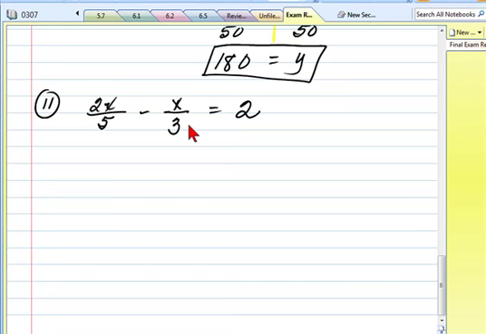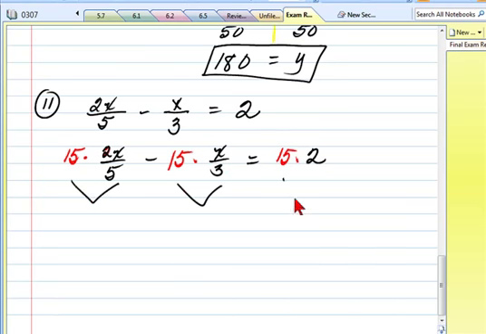What's the least common denominator for 5 and 3? 15. So I'm going to multiply 15 times 2x over 5 minus 15 times x over 3 is equal to 15 times 2.